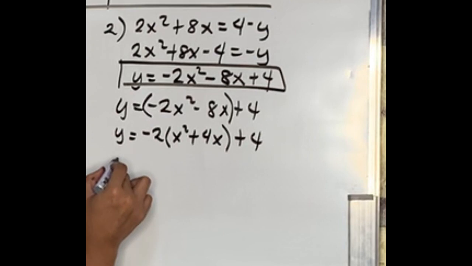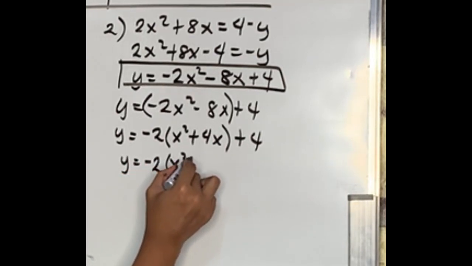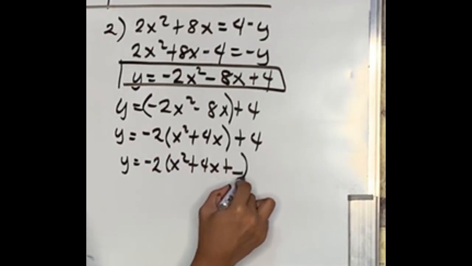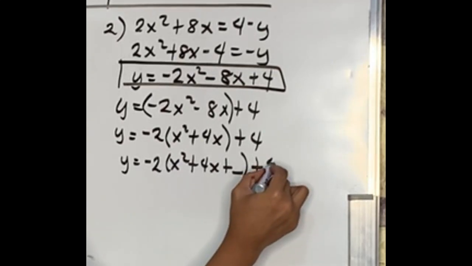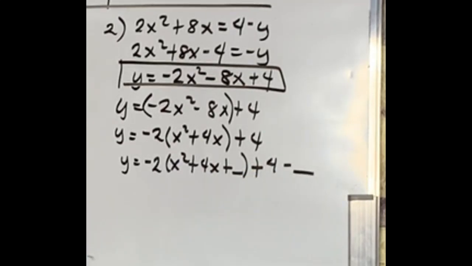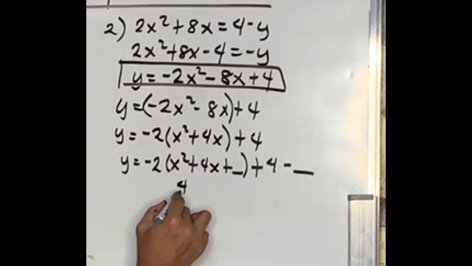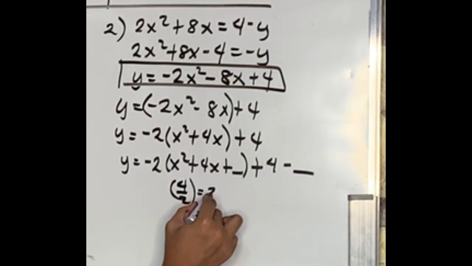In this case, we need to complete the square to make it a perfect square trinomial. We will now add up a blank inside the group and subtract another blank outside the group. So you will be completing the square. So 4 divided by 2, that is equal to 2.